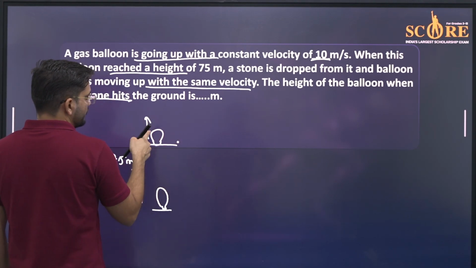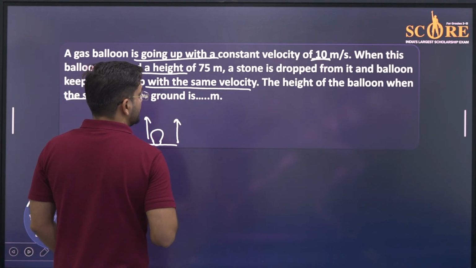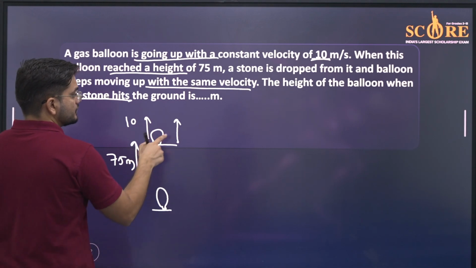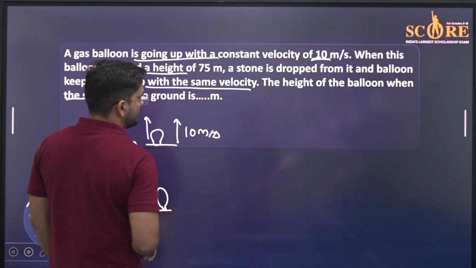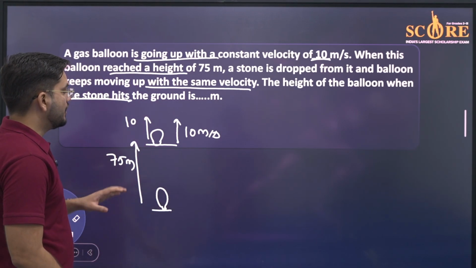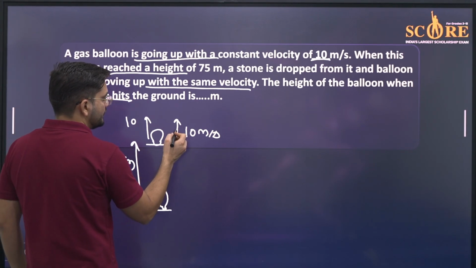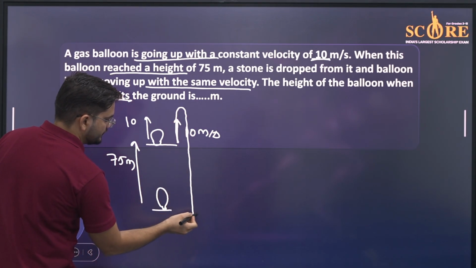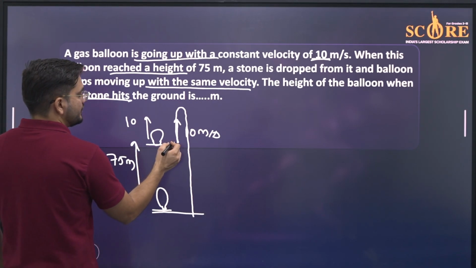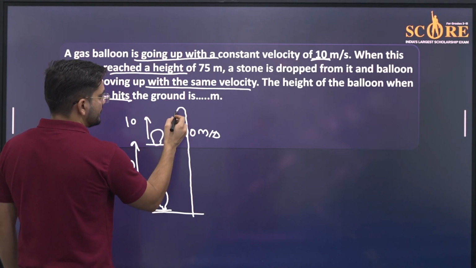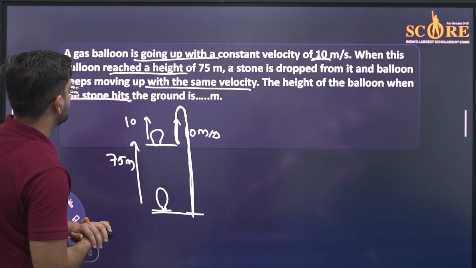If the speed of the balloon is 10 meter per second, then at the instant of drop, the speed of the stone will also be 10 meter per second. After dropping the stone, due to gravity, the path of the stone will be like this. So we have to find the time taken by the stone to reach the ground.